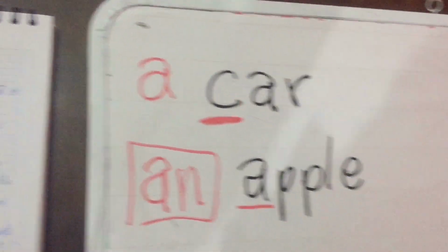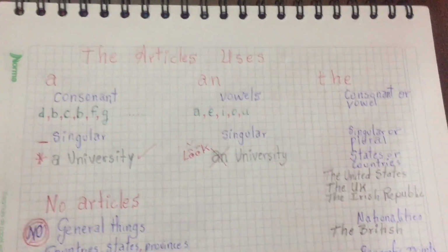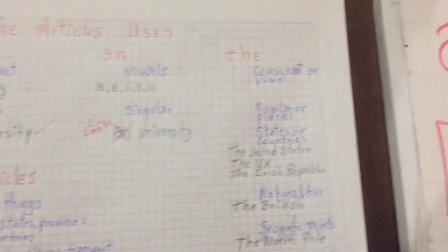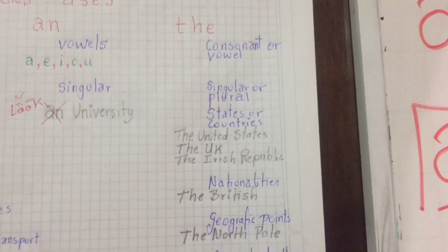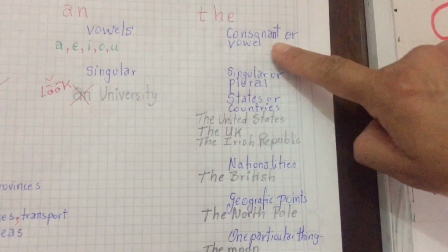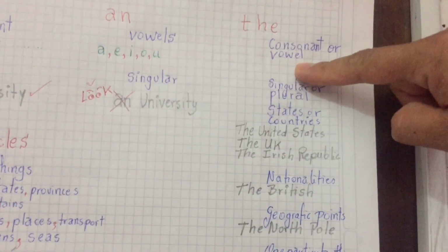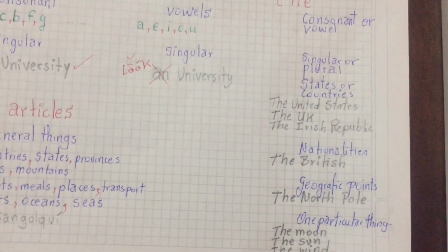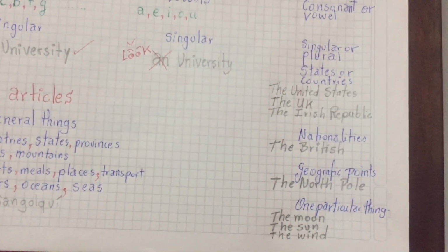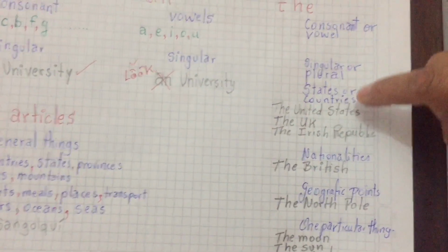Another one is the, which depends on the word that you're going to use. You use it with consonants or vowels, with singular or plural, and also with states or countries.